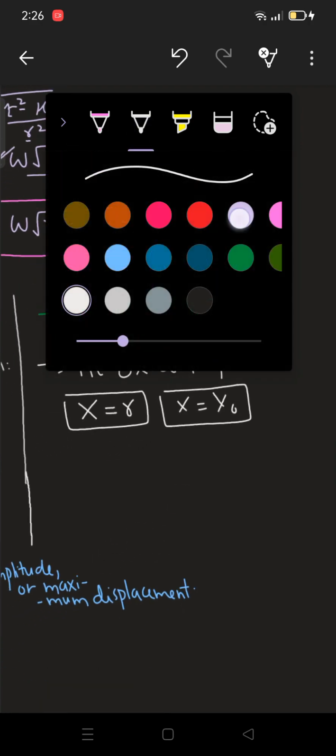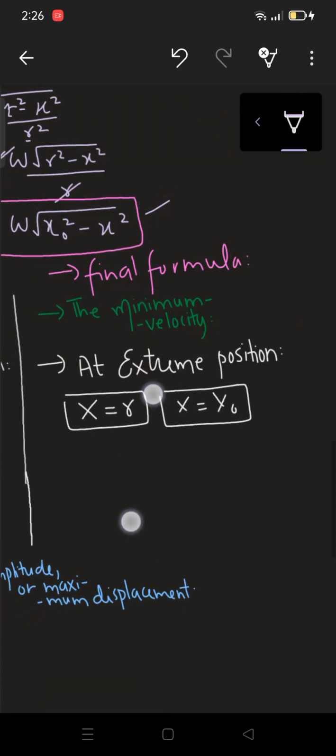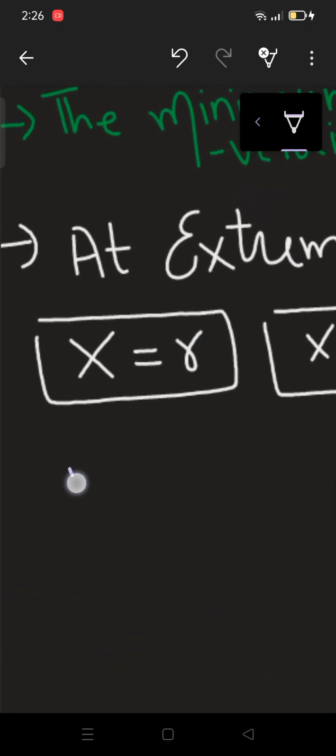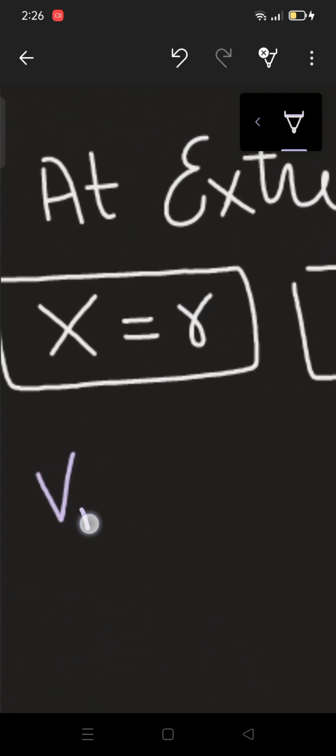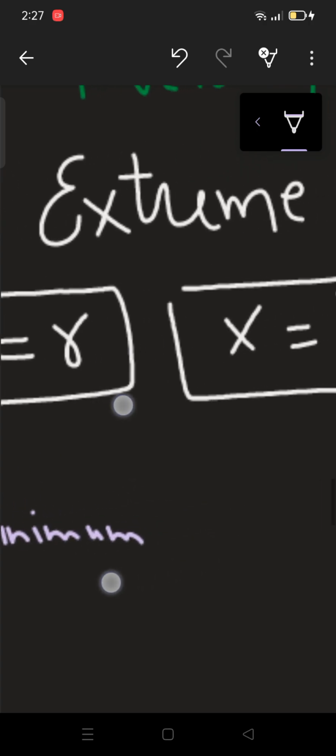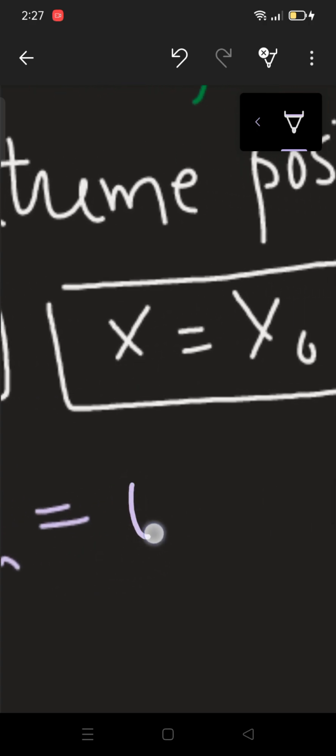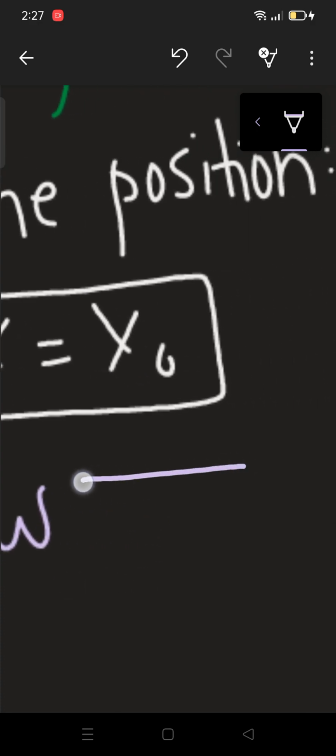Now let's use this formula again. The minimum velocity is equal to omega radical x naught square minus x square.